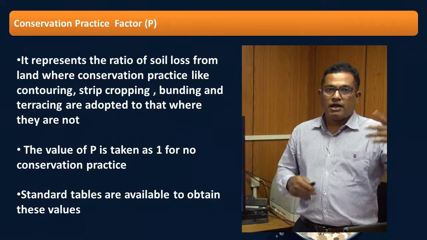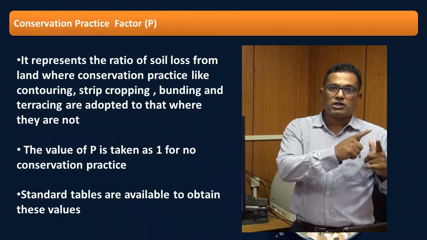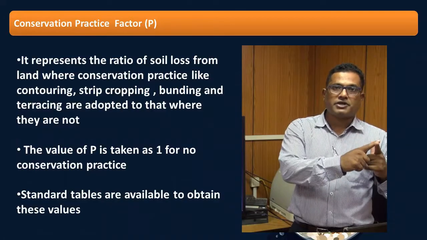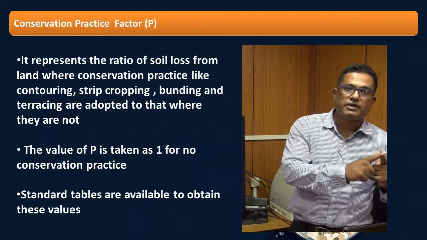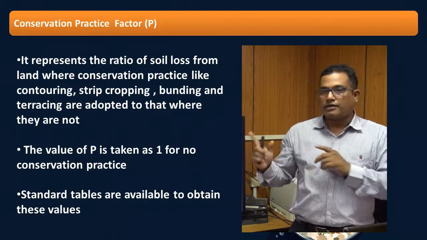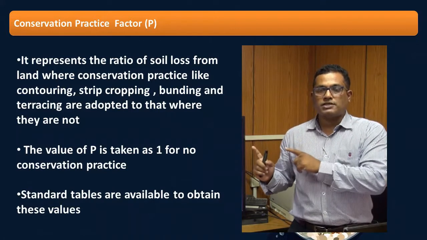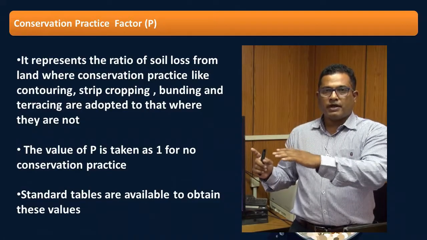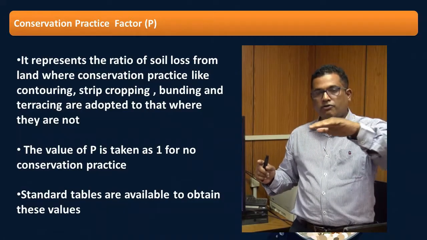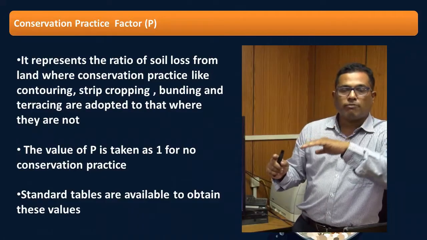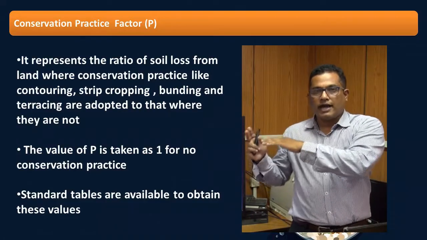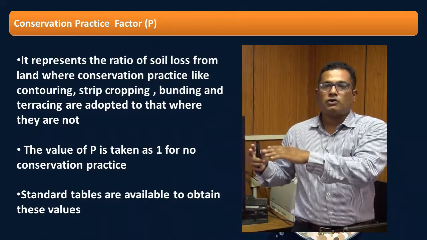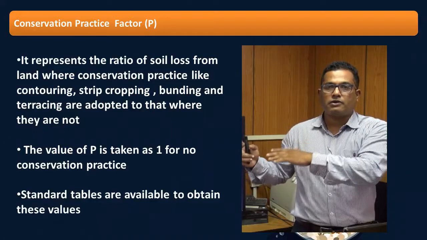One plot is where all the required conservation practice according to its capability is made, and another field is where there is no conservation practice. That is, if there is a certain amount of slope, or if it is a uniformly or gradually sloping land, in such type of land there is no conservation practice, no bunding, no terracing.